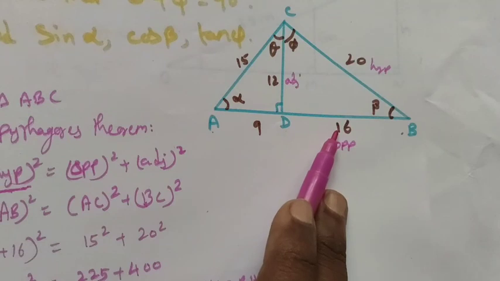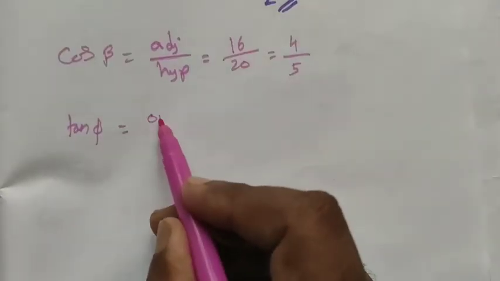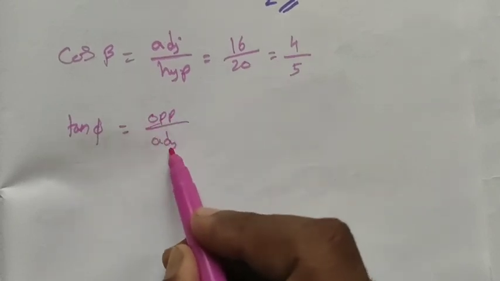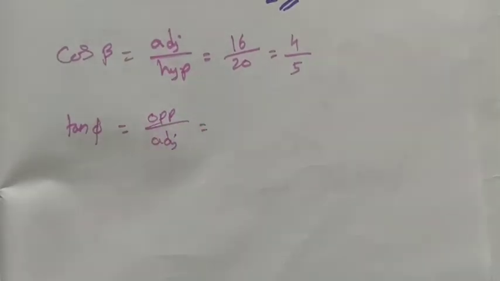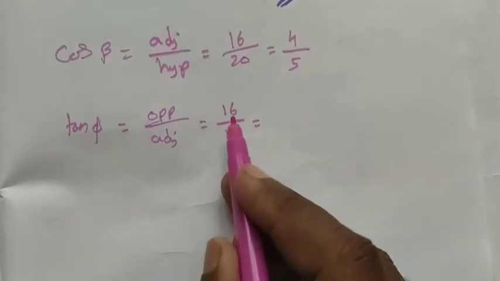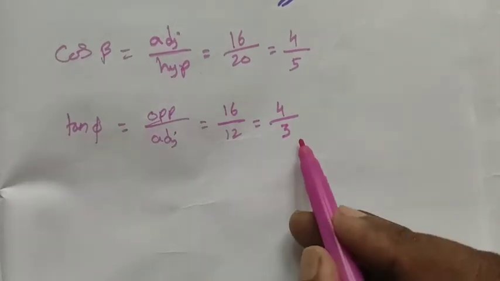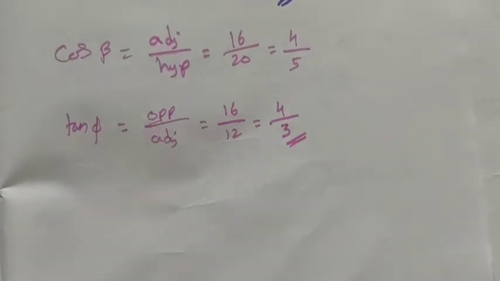The opposite side is 16, the adjacent side is 12. If you reduce this, 4 fours are 16, 4 threes are 12. So that ends the answer. Thank you, students.